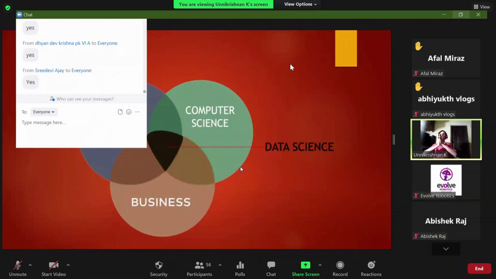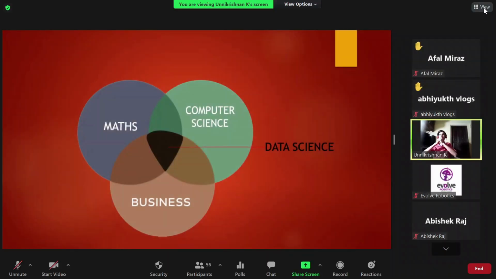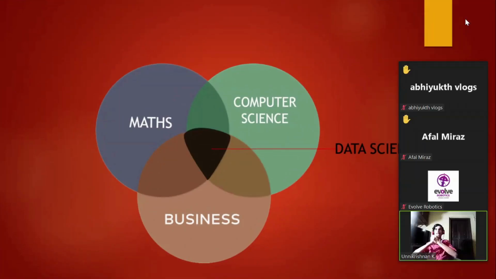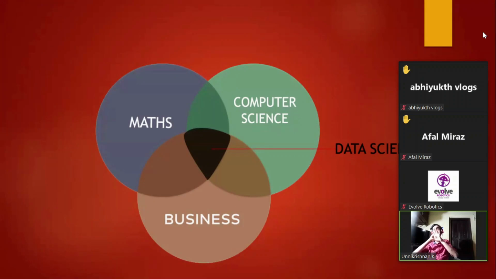So you see here, the center left circle, the gray one, represents mathematics, and the green one on the center right represents computer science, and the bottom, the brown one, represents business. So you see, all these three circles have a portion common in them, right? This portion represents data science.